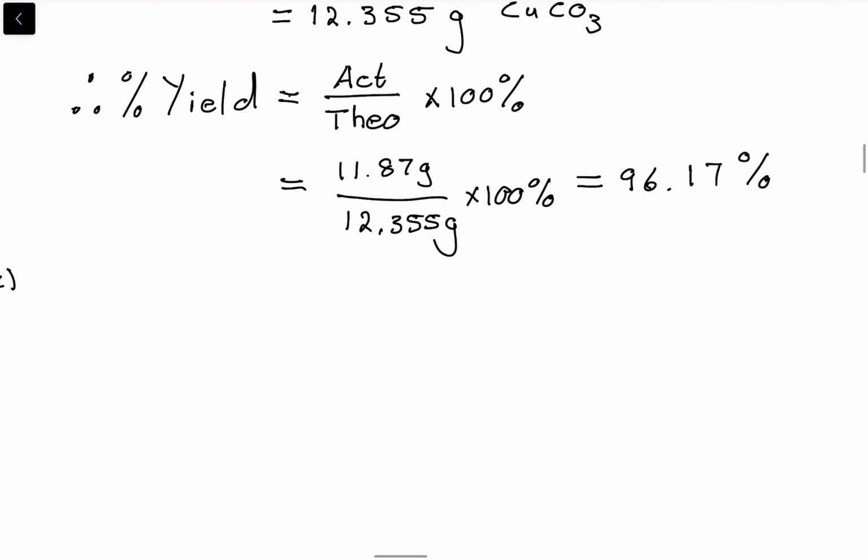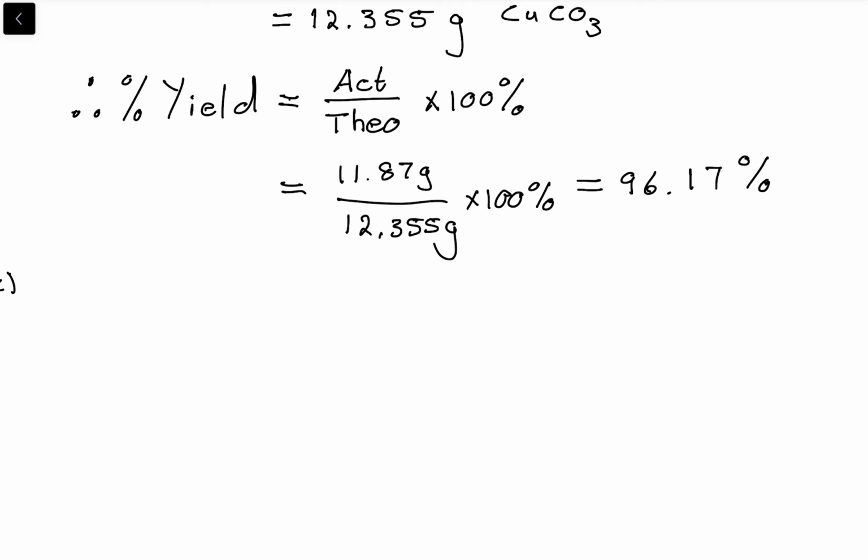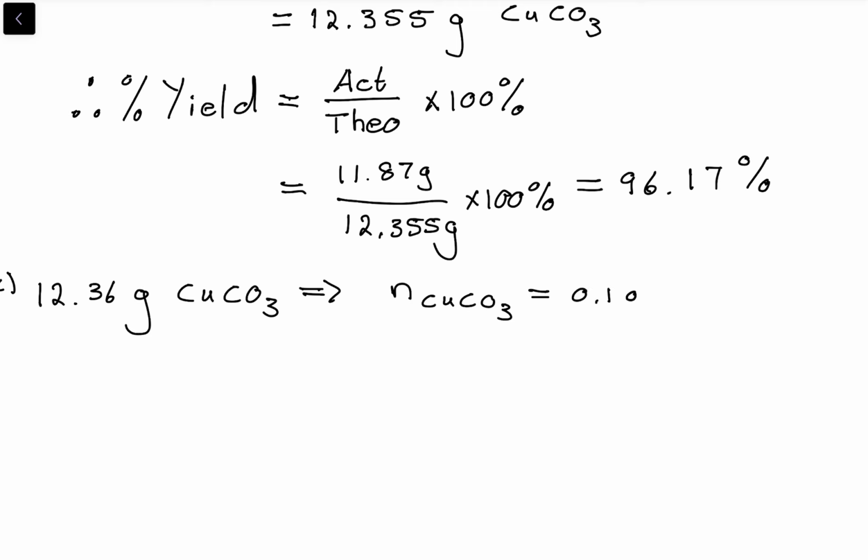All right, so let's work kind of backwards here. 12.36 gram copper carbonate implies that we want a number of moles of copper carbonate of 0.10004 and so forth mole, which implies we want the same number of sodium carbonate moles.